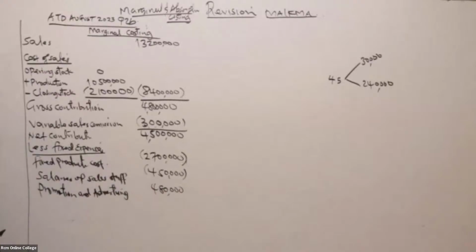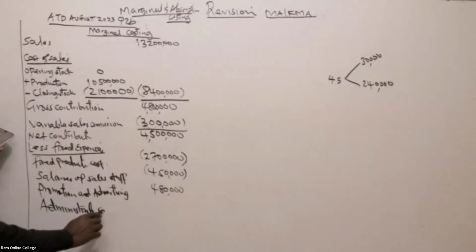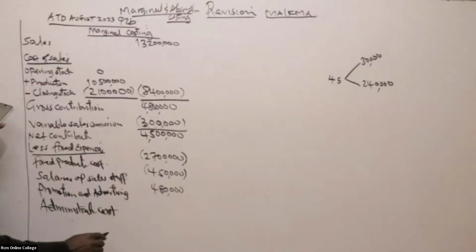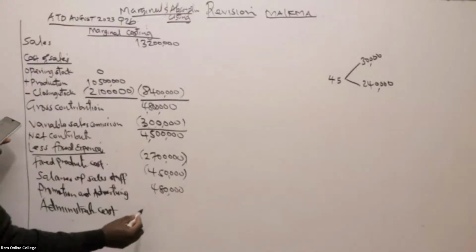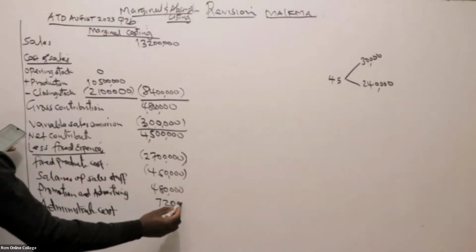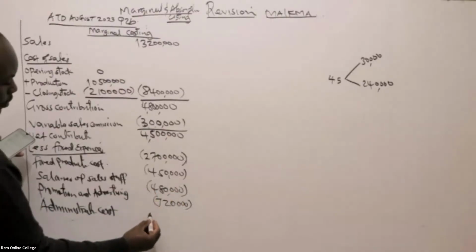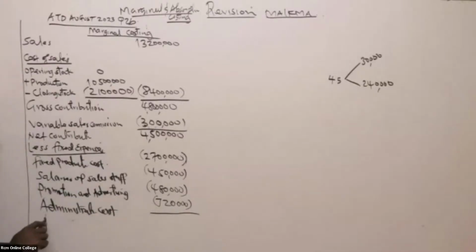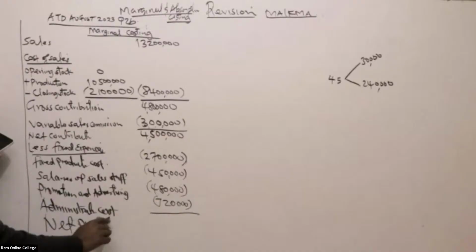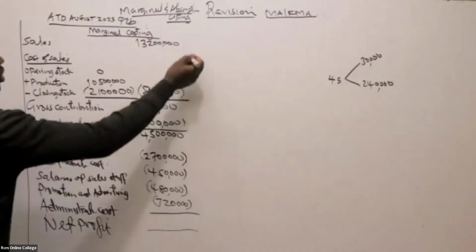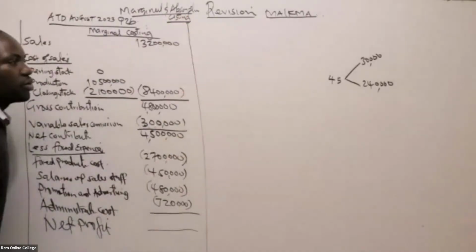Then of course we have administration costs of 720,000. When you now less all these expenses, what are you getting as the net profit as per marginal costing?